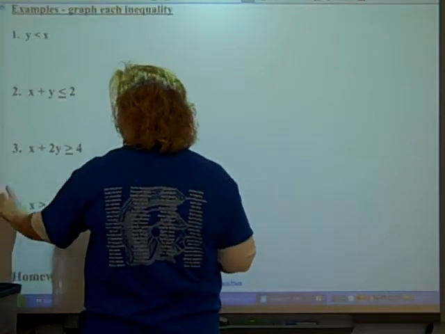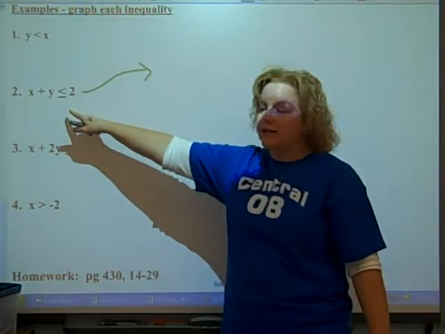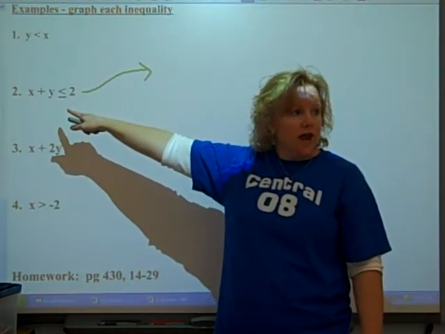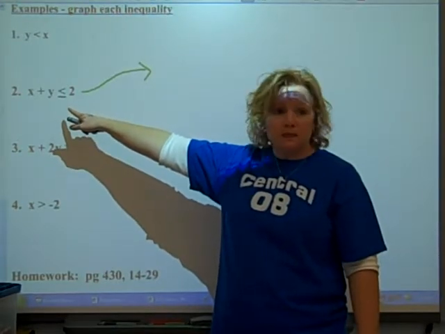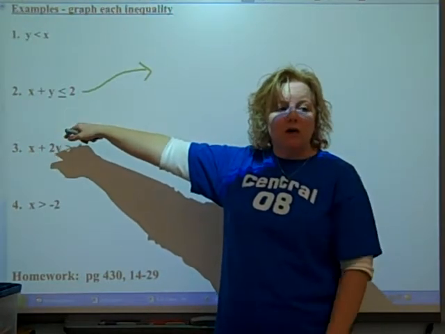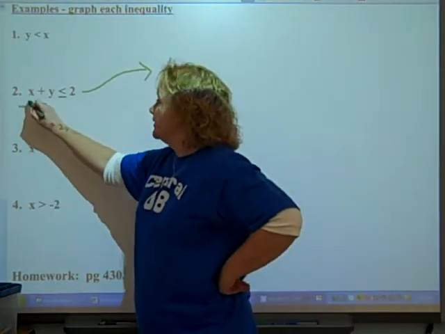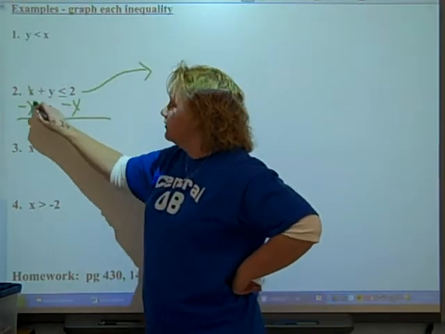Okay, look at this one right here. Look at number 2. First of all, what needs to happen on number 2 so that I can graph? What am I going to have to do on number 2? Jacob? Get y by itself. How am I going to make that happen, Travis? Subtract x. Okay, so I'm going to subtract x from both sides. So these cancel.